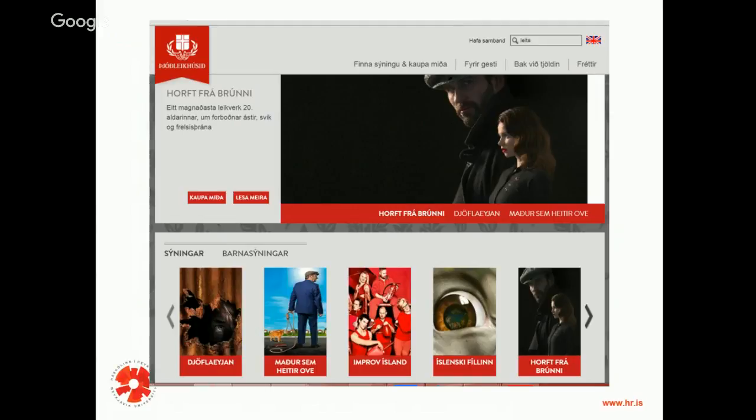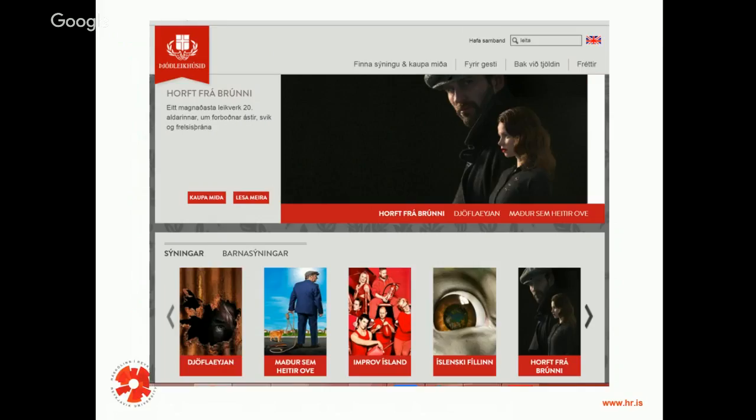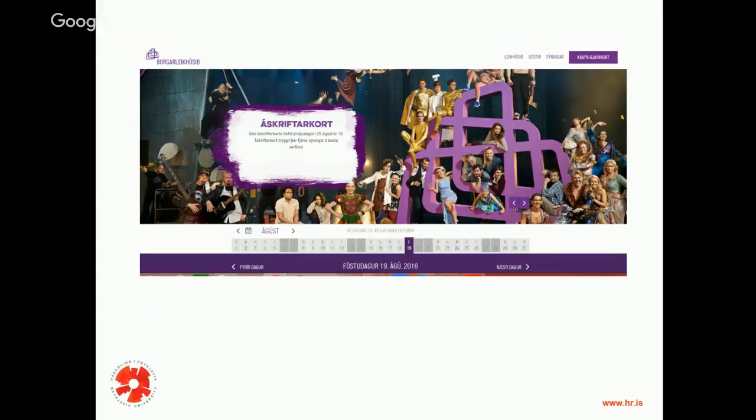So sometimes people have one idea in mind, and they design their website according to that. But like a year ago, they had this approach, Borgarleikhúsið. So they have changed approaches now to be able to support the users that have a date available, but have not determined what show to see.